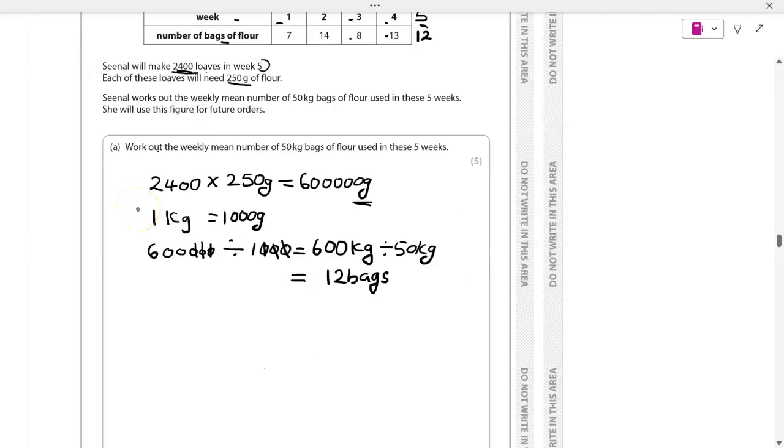The question is to work out the weekly mean number of 50 kilogram bags of flour used in these 5 weeks. To get the mean, we add all the number of bags of flour together. That'll be 7 for week 1, plus 14, plus 8, plus 13, and plus 12 for week 5, divided by the number of weeks, which is 5.